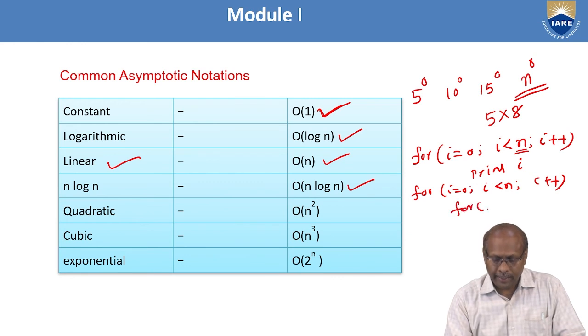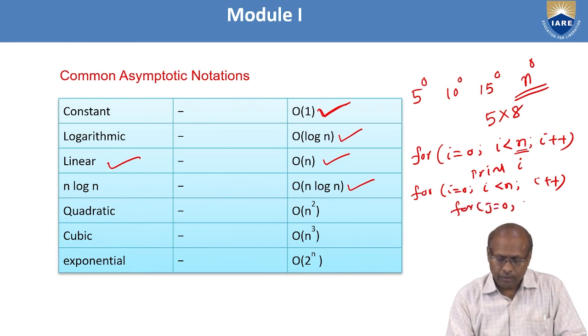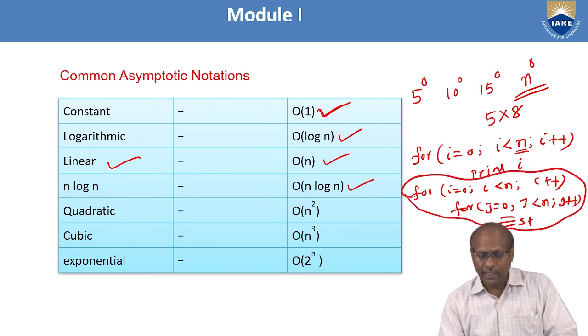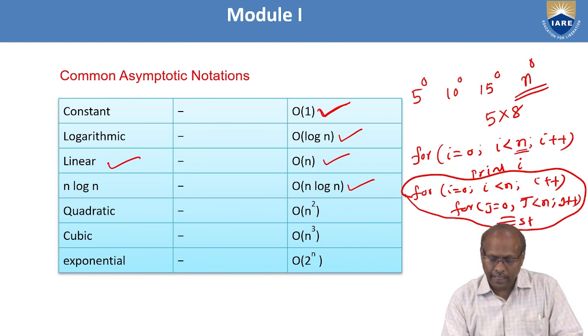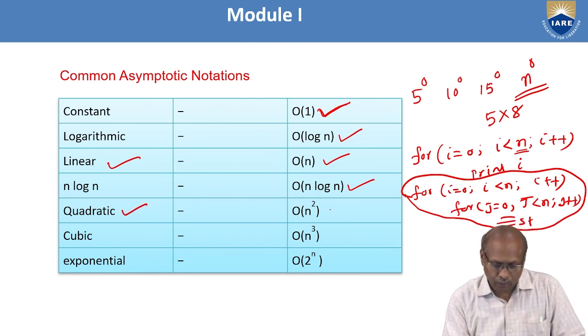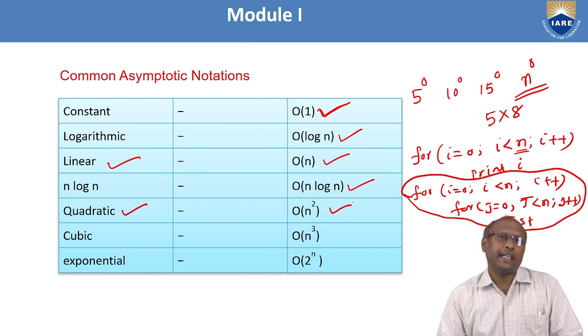And one more I'll write here, j equal to 0, j less than n, and j plus plus, and some statement. In that case, how much time does it take? Because my outer loop repeats n times, the inner loop also repeats n times. So n into n, n square time. So this comes under quadratic. So this is order of n square. So the time complexity can be represented by order of n square.